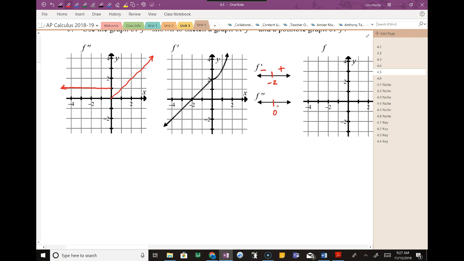What kind of concavity does your... So remember that we're analyzing the slope, right? So is the slope positive or negative? Positive. So we're analyzing the slope of the first derivative. So it's positive on both of them. Positive, positive.